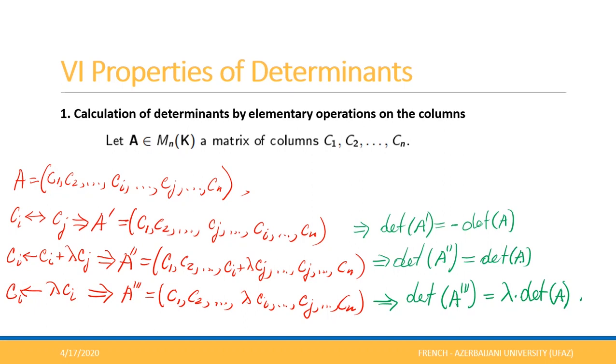Here determinant A will be the determinant of A2 prime. Here the determinant of A will be 1 over lambda determinant A3 prime.